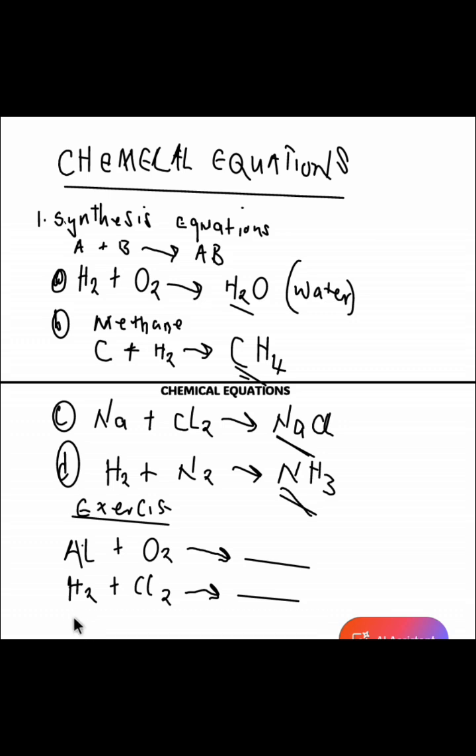Then if you have another pair, hydrogen and chlorine, what product will be formed there? Then the last one: if you have this unknown element, then we have this product.